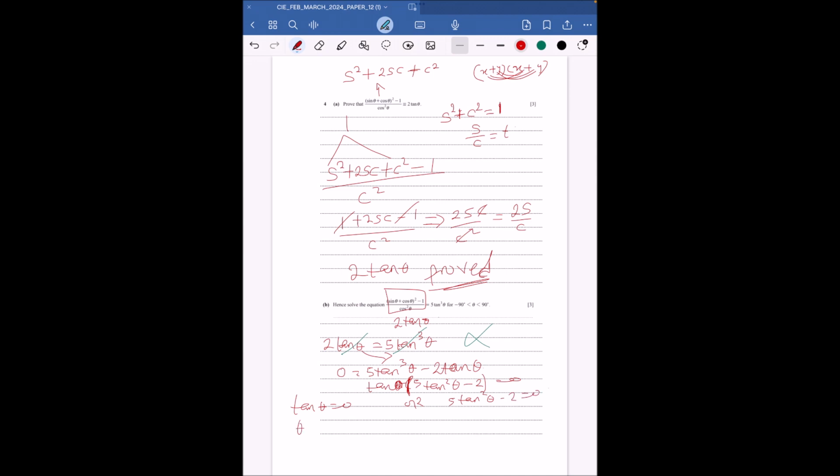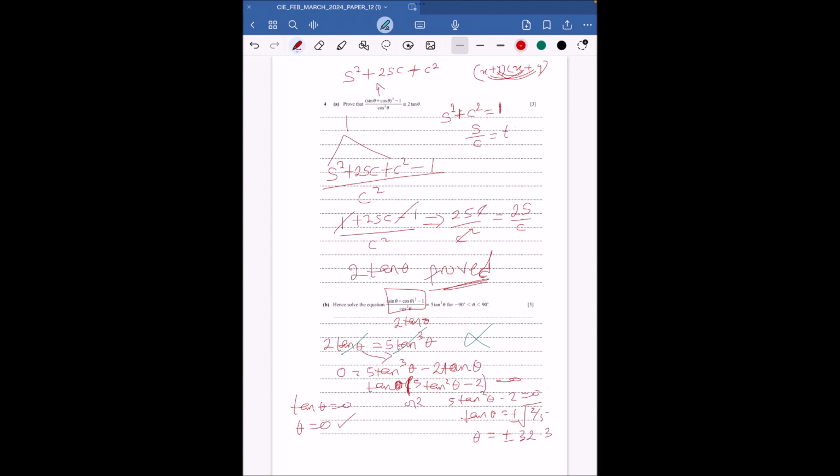So here theta is 0, which is in the range, and here tan theta will be plus or minus the square root of 2 over 5. So theta will be plus minus. When you do that in your calculator, in degrees, you're going to get 32.3 for both angles.